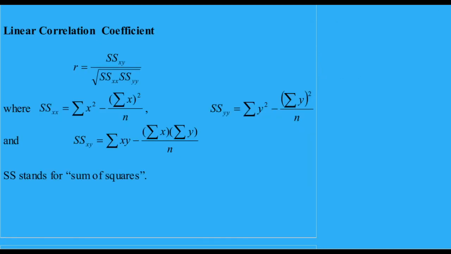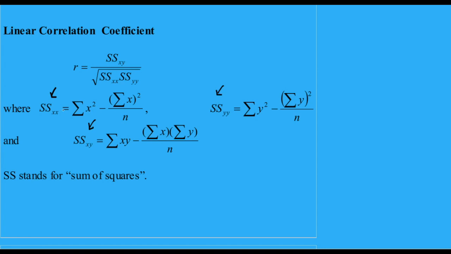Now we have arrived to the formulas on how to calculate the linear correlation coefficient. And again, here we have the sum of squares similar to ANOVA. Now these values are easily calculated using our calculator, and I'll show you in a short while.